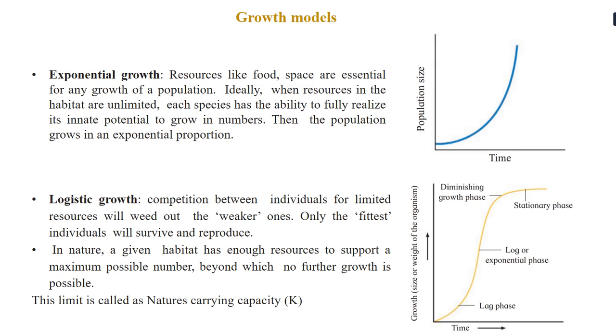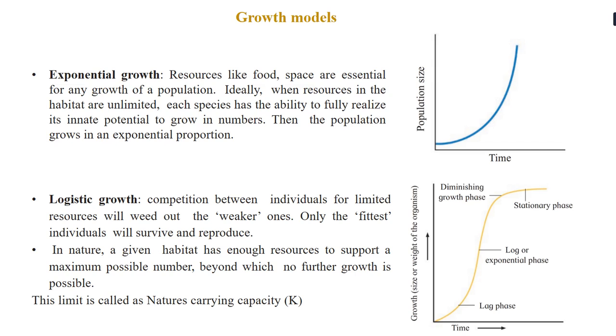The first one is exponential growth. Every species is capable of growing exponentially under unlimited resources and reaching enormous population density in a short time. Resources such as food and space are essential for the growth of a population.